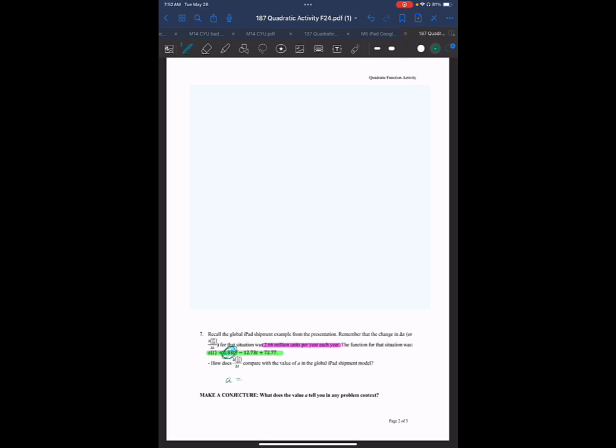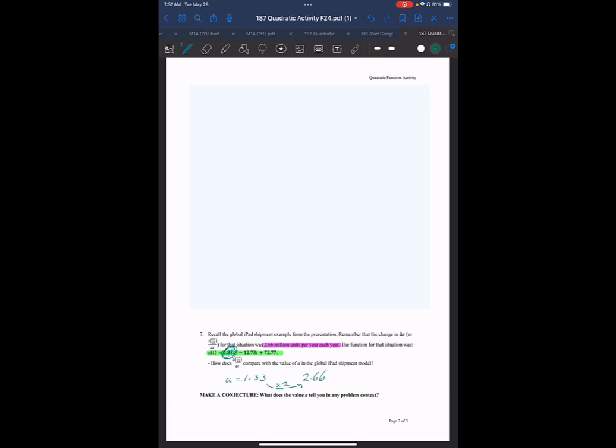So A is equal to 1.33. And we see that the rate at which the rate was changing is 2.66. And so how do they compare? Well, if I were just to take the 1.33 and multiply by 2, I would get 2.66.